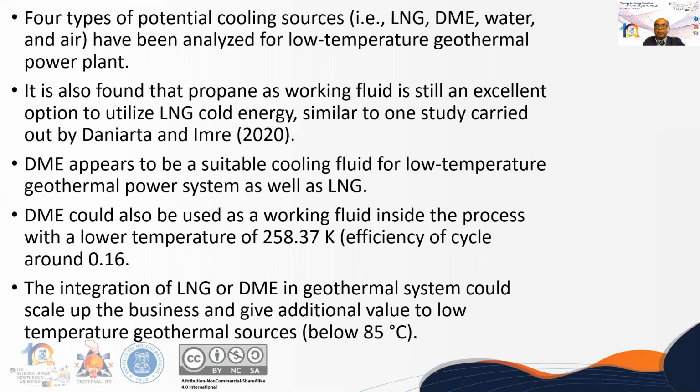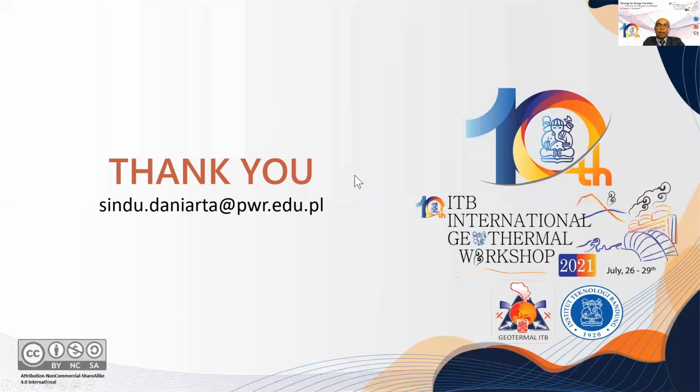And this integration of LNG or TME with geothermal system can scale up the business and give additional value for low temperature geothermal sources. Yes, and that's all my presentation today. If you have any question, don't hesitate to contact me through this email. And thank you.